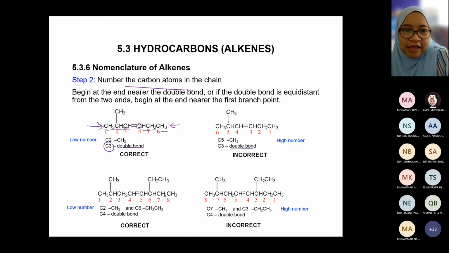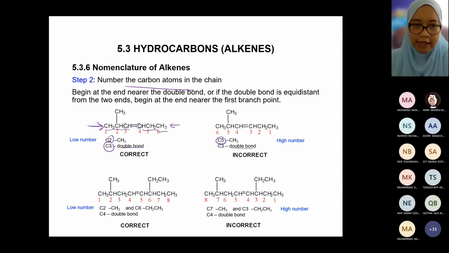So therefore we have to start here, because if we start here we get carbon number 2, and from the other end we get carbon number 5, a high number, so that's not allowed. Those are the things you have to consider: the double bond must get the lowest number possible, and then you go for the substituents. Sometimes they overlap, so you have to consider both, and sometimes it involves alphabetical order too.